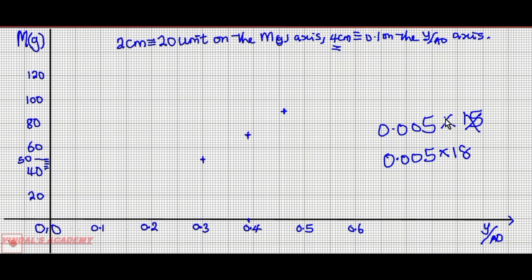Yes, multiply it. 0.09, correct. So when I add 0.4 to 0.09, I will have 0.49. So 18 lines from 0.4 can give me the 0.49 that I want to plot on this graph.